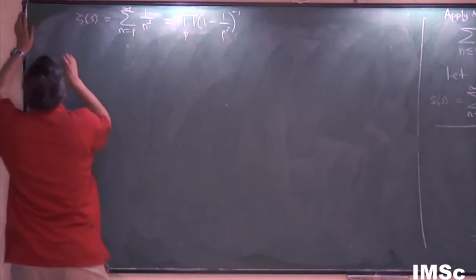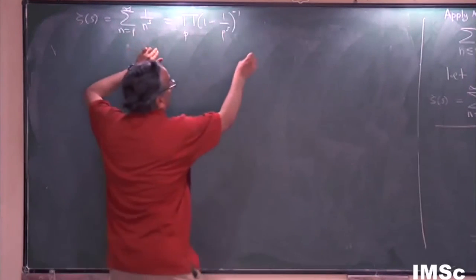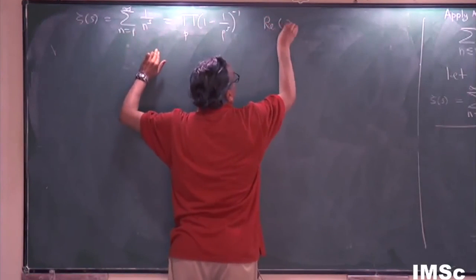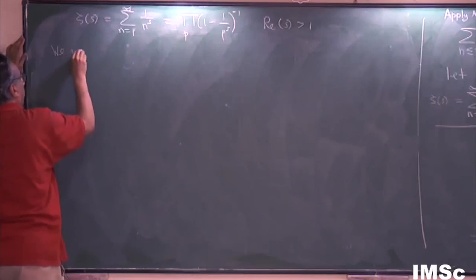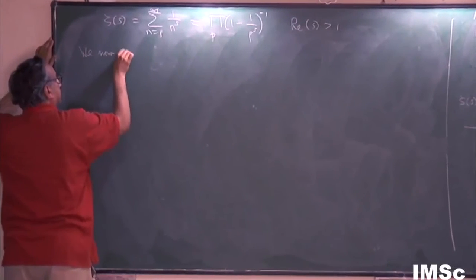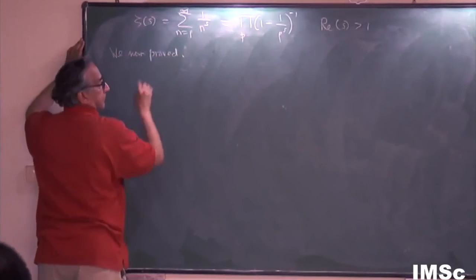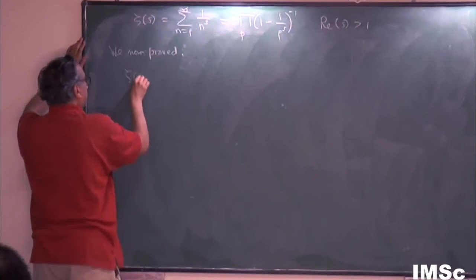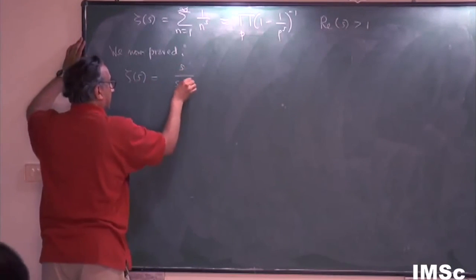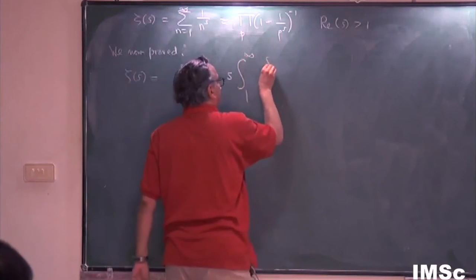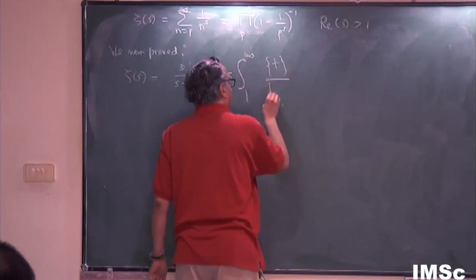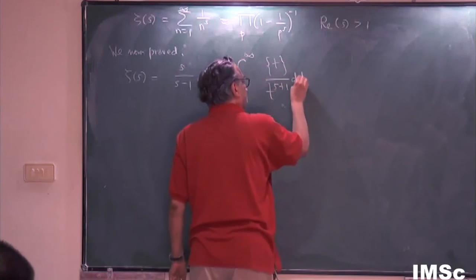Now, what we've proved, so this is true for real part of s bigger than 1, is that zeta(s) equals s over s minus 1 minus s times the integral from 1 to infinity of the fractional part of t over t to the s plus 1 dt.